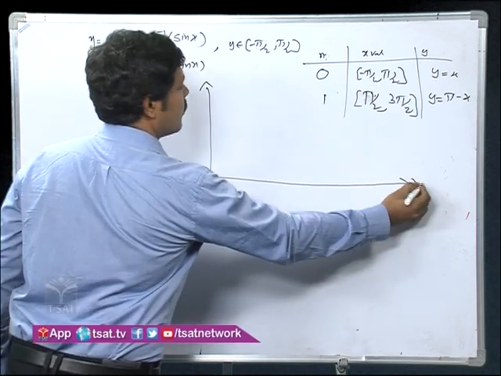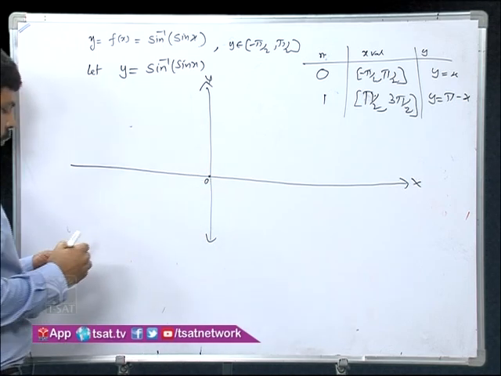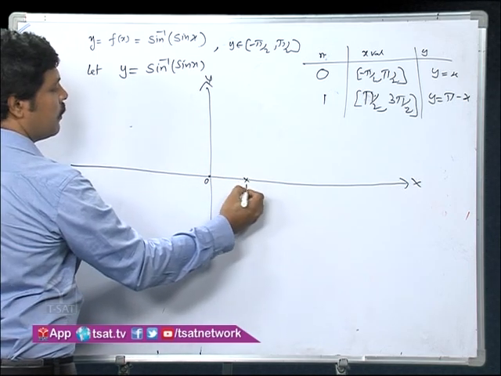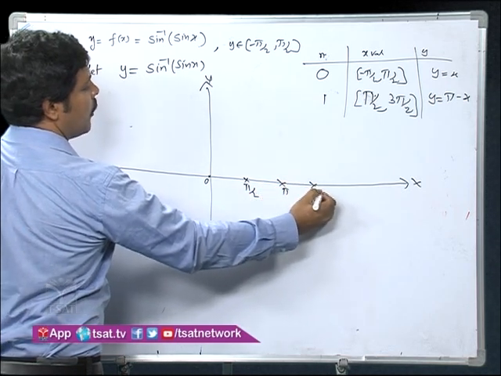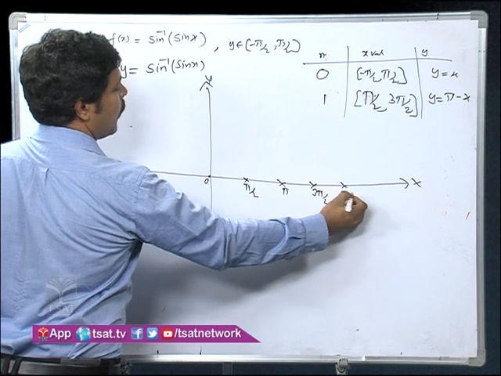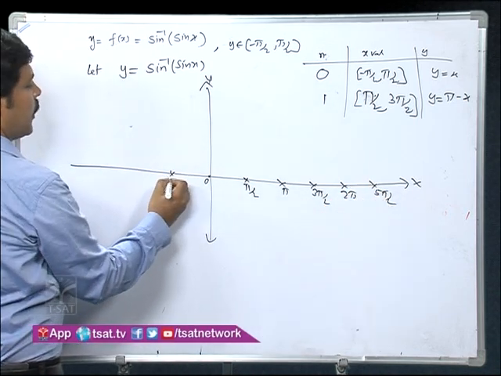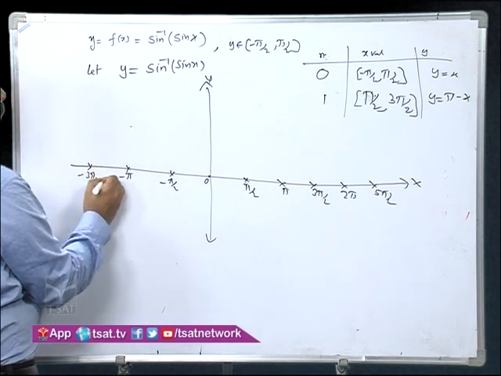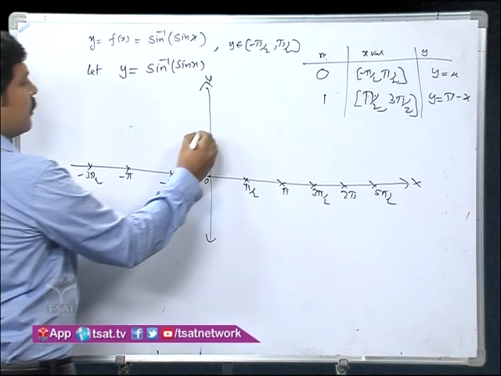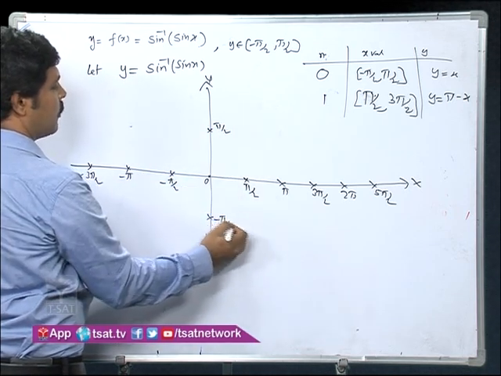X axis, y axis, origin 0, pi/2, pi, 3pi/2, 2pi, 5pi/2, and -pi/2, -pi, -3pi/2. Now the range is -pi/2 to pi/2.